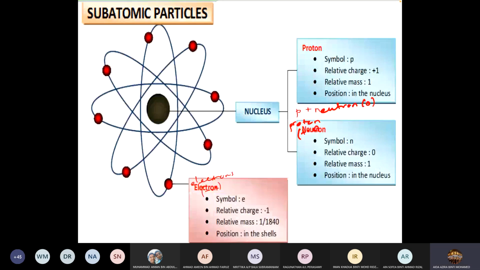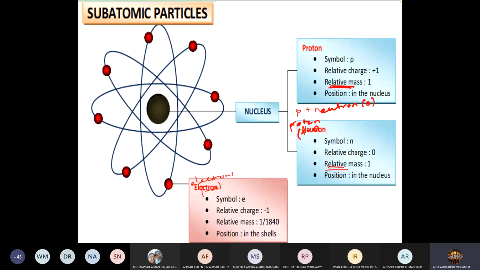Okay, so one thing the teacher wants to add is regarding the relative mass. The relative mass of proton and neutron is similar. The relative mass is 1, whereas the relative mass of electron is 1/1840.